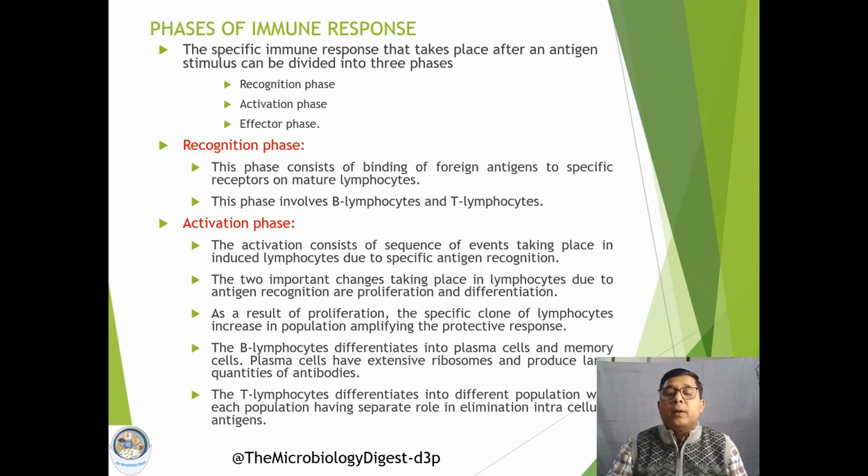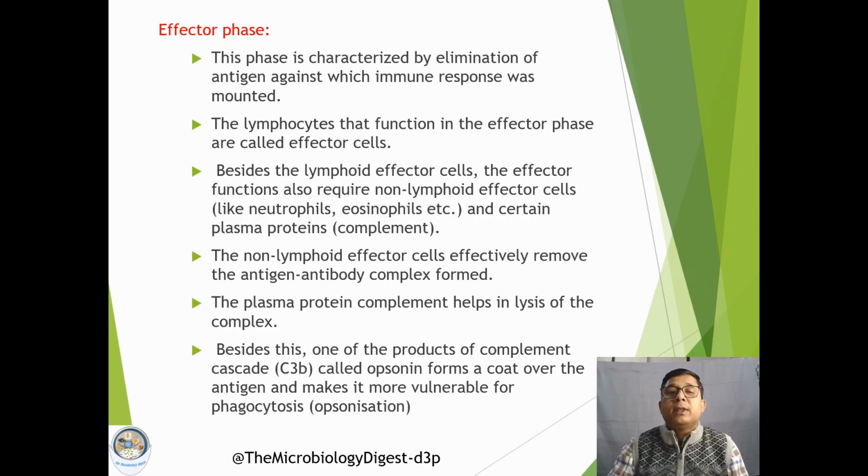Here there will be a sequence of events which lead to proliferation as well as differentiation of different cell populations. Then the final phase is the effector phase, where the invader will be eliminated in a specific, programmed manner, either through antibody production, or through cell-mediated immunity, or through complement activation.